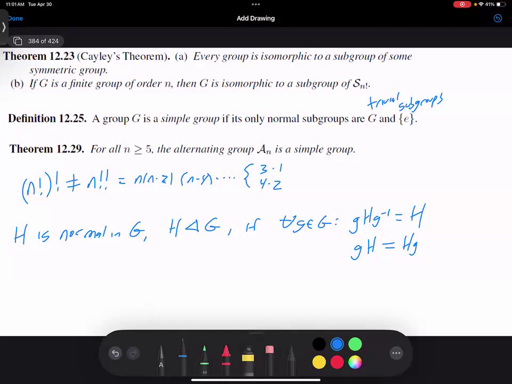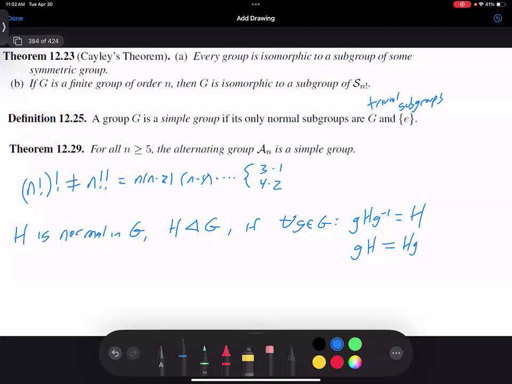Right. So as long as you have at least two elements, they're distinct. If your group is only the identity, they're actually the same. So I have to be careful. I can't say every group has two trivial subgroups. I can say every group always has the trivial subgroups itself and the identity, which may not be distinct.